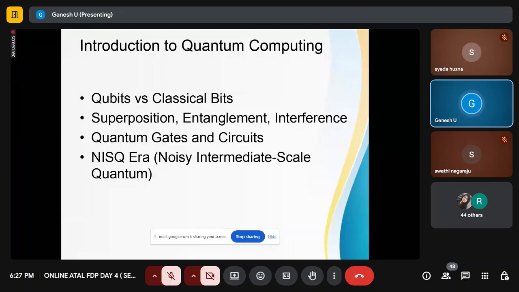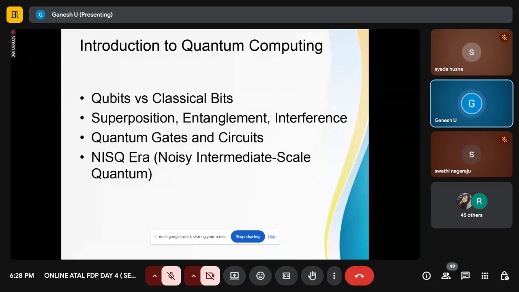Quantum systems today are prone to errors, that is, easily affected. I am talking about the real-time quantum machines we are using now. Those are error prone, easily affected by errors.